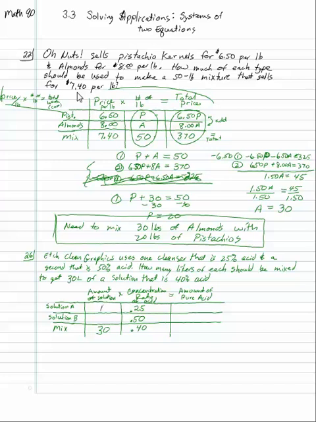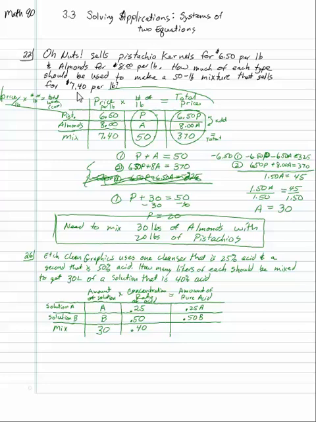So we're going to let A be the number of liters of solution A, B be the number of liters of solution B. Use the relationship on top to fill out each row. The amount of pure acid is going to be 0.25A. Amount of pure acid for B would be 0.50B.